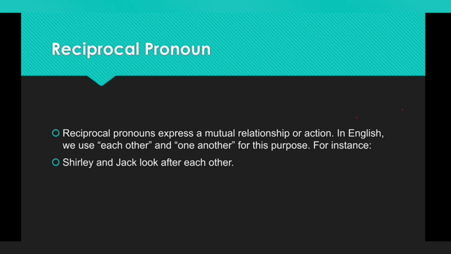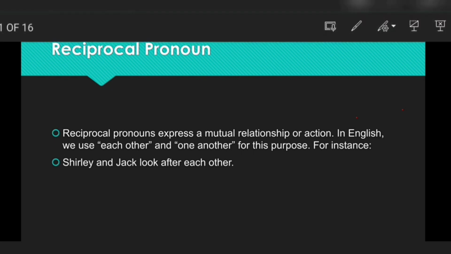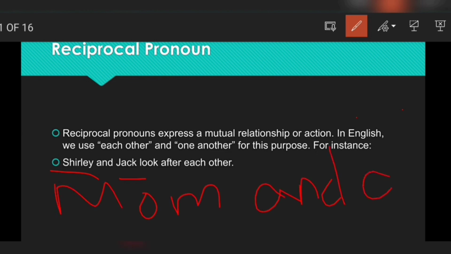So I am going to show you an example here, and the example is: Shirley and Jack look after each other. To make it easier, we can write here: mom and dad. Sorry for my bad handwriting. So mom and dad look after each other. Is it true or not?